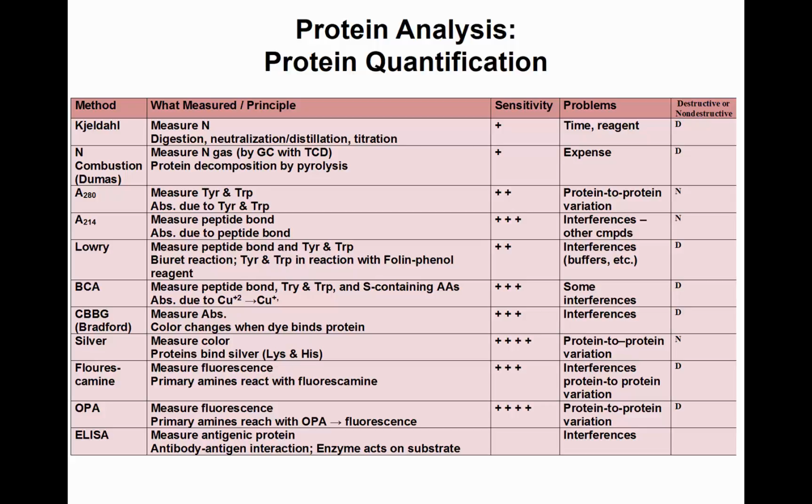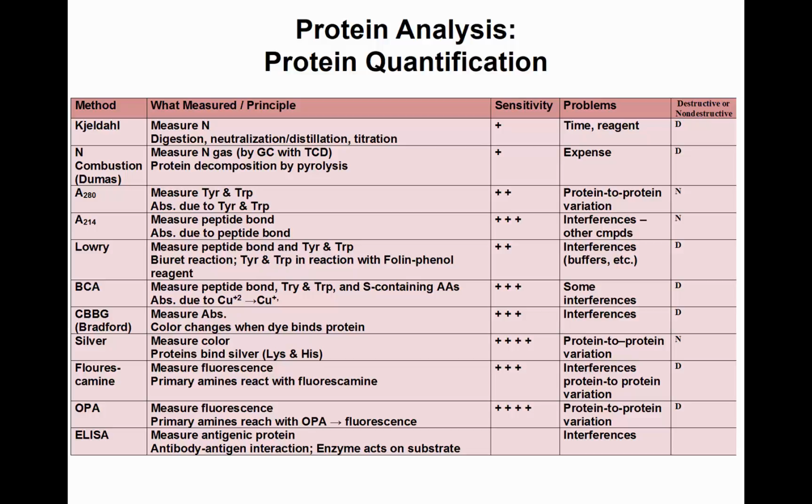Then you want to measure absorption of the peptide bond for light. That's actually an average, but it can go from 208 to 210 to 220 is the general wavelength for measuring absorption by peptides.